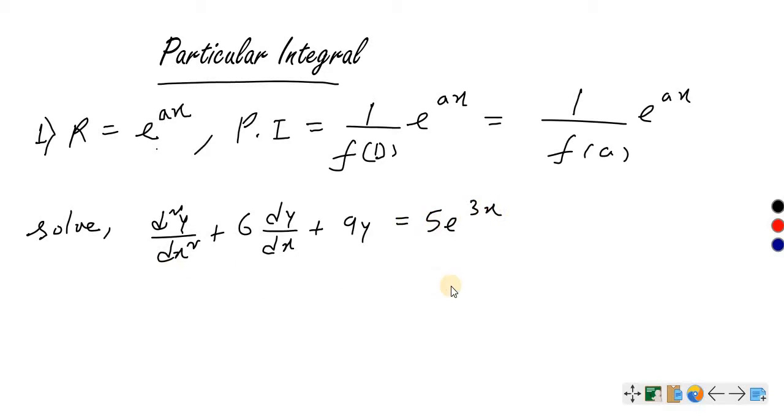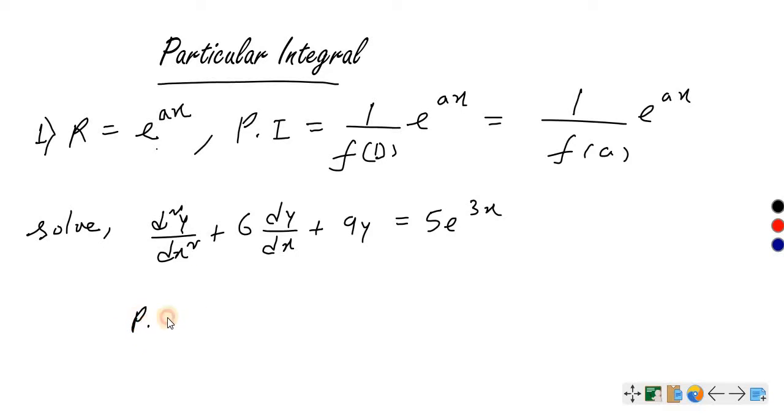So this is the equation we have. We can find the complementary function as well as the particular integral. Since we have a non-zero value of r, we will first find the complementary function, and then the particular integral. Since we already know how to find the complementary function, we will directly find the particular integral.